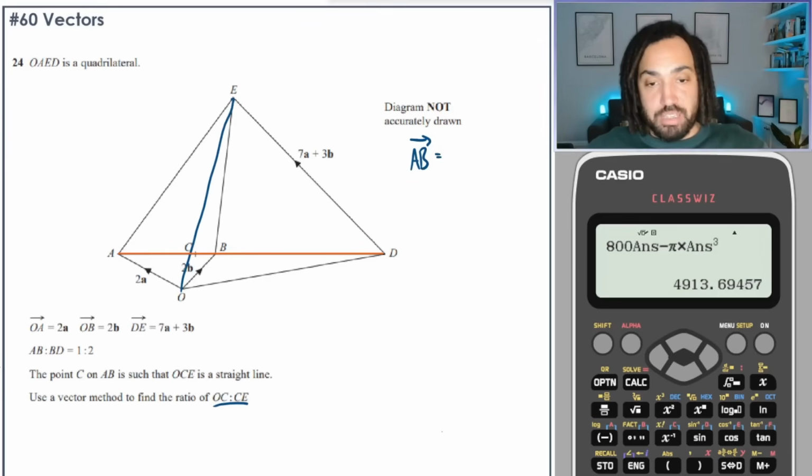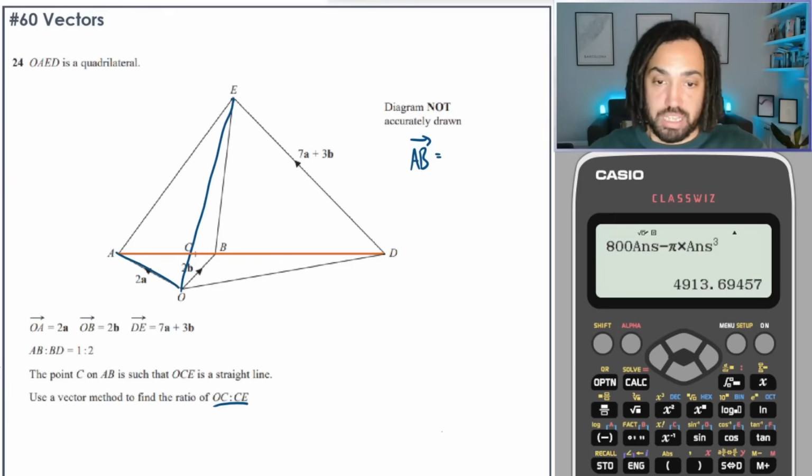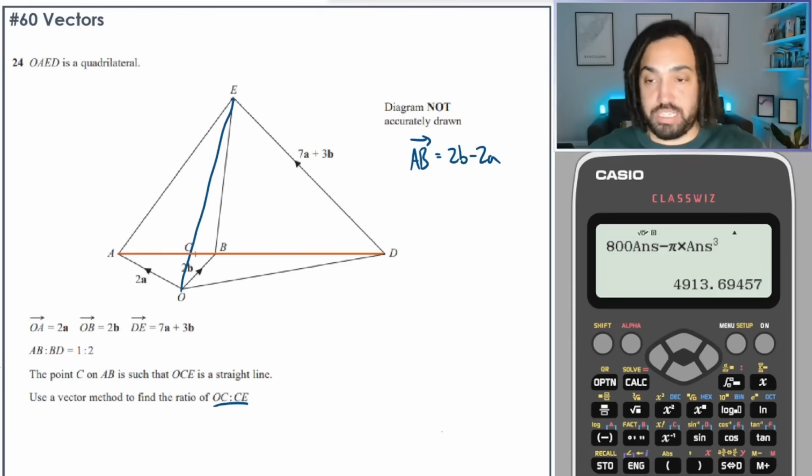So AB is minus 2a plus 2b, because we're going this way and then that way. So minus 2a plus 2b, which I could write as 2b minus 2a, just a bit neater.